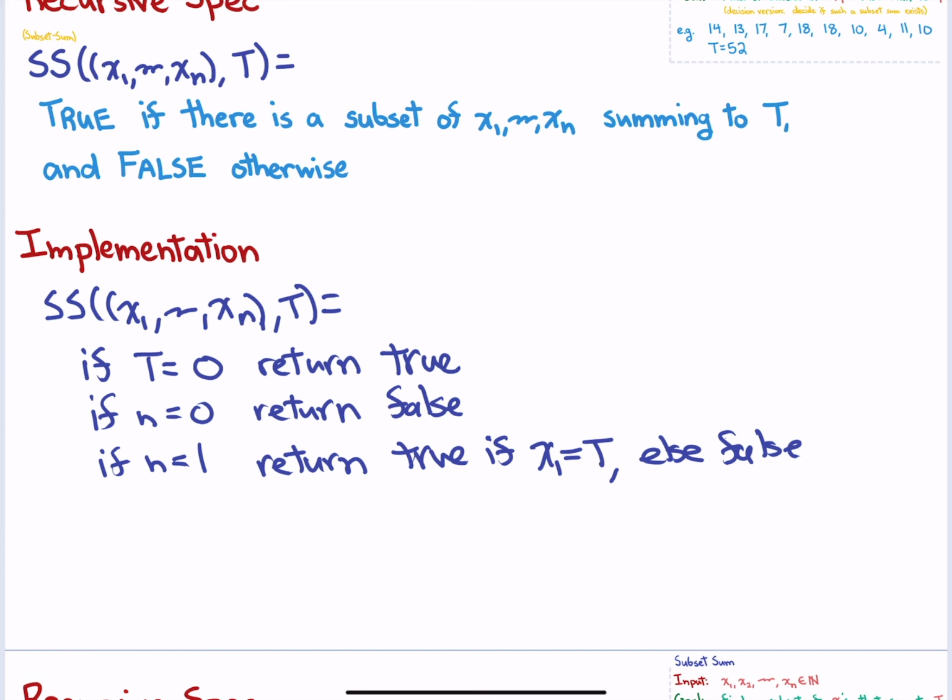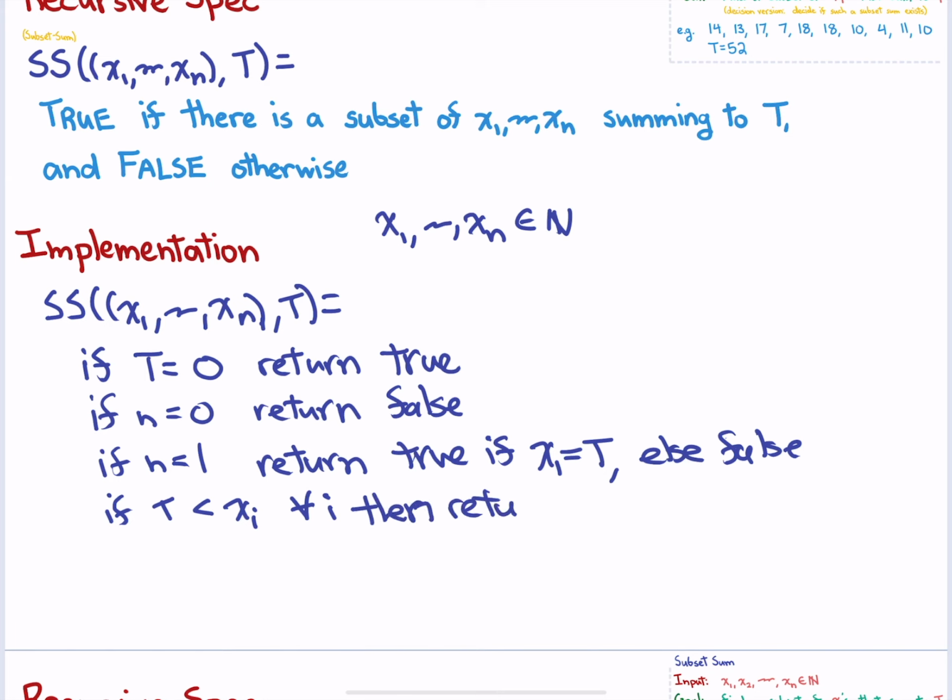One thing, by the way, is that I am assuming that all the x's are positive integers. So you won't be subtracting anywhere. I could have defined it otherwise, but for positive integers, this is fine. So if t is less than xi for all i, then return false.